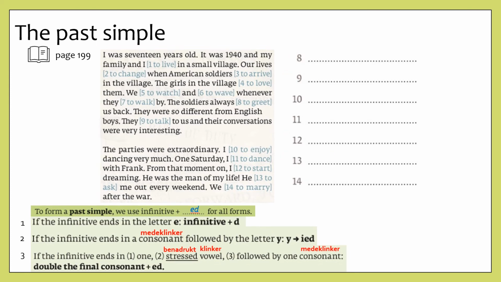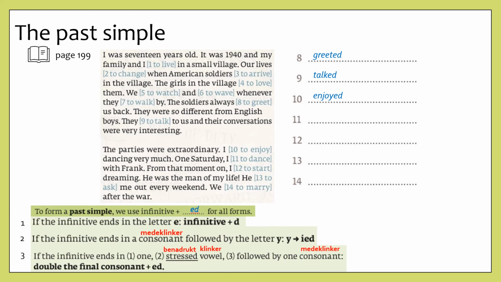Then 8. The soldiers always greeted us back. General rule. They were so different from English boys. They talked to us and their conversations were very interesting. The parties were extraordinary. I enjoyed dancing very much. Maybe you can make a mistake here by thinking that it ends in a Y. So maybe you thought about spelling rule number 2.